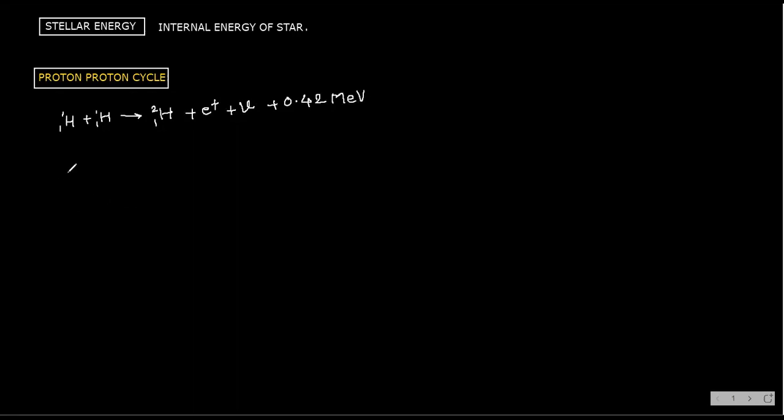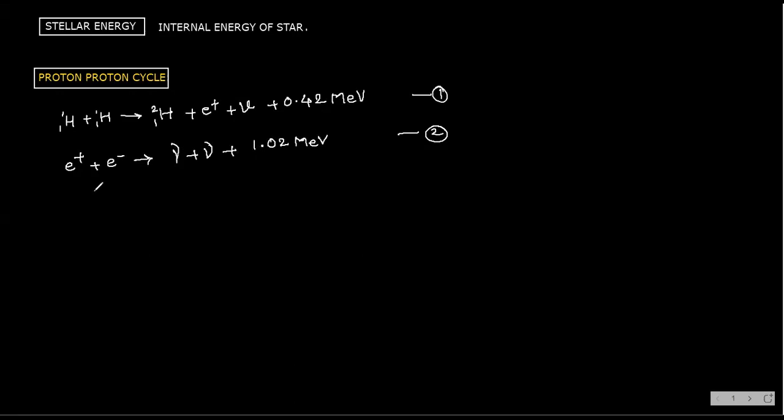Call this equation number 1. This positron, if we add it with an electron, then it gives two gamma particles plus 1.02 mega electron volt energy. This is your second equation.